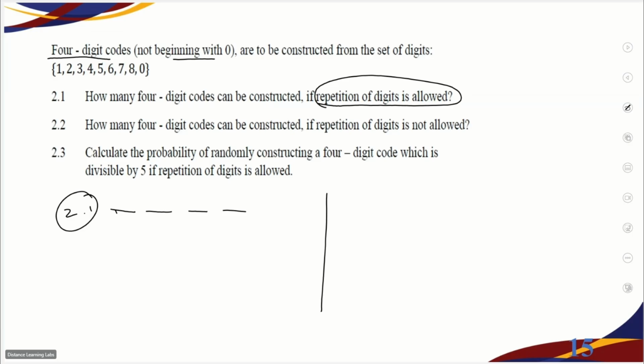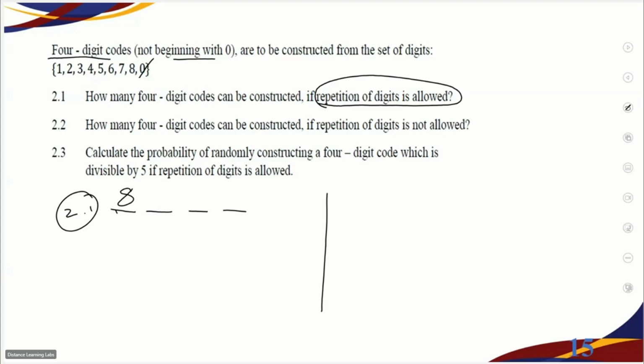How many digits will be competing for the first position? Remember, we have 9 digits that are competing for these 4 positions, but not beginning with 0. Meaning for the first position, 0 is excluded, so only 8 numbers will be competing for the first position. We would write 8 here for those 8 numbers. But digits are allowed to repeat.